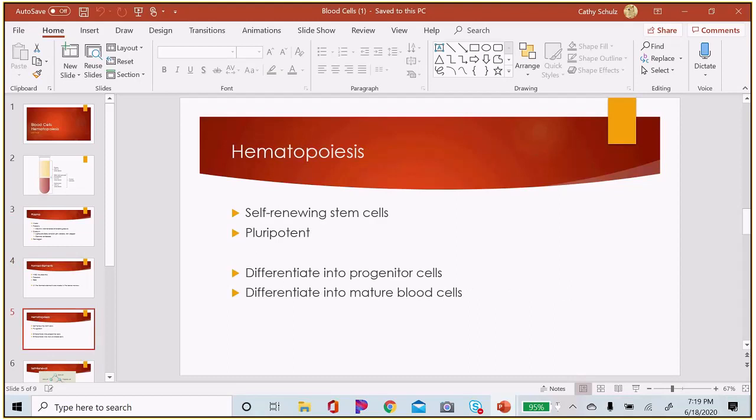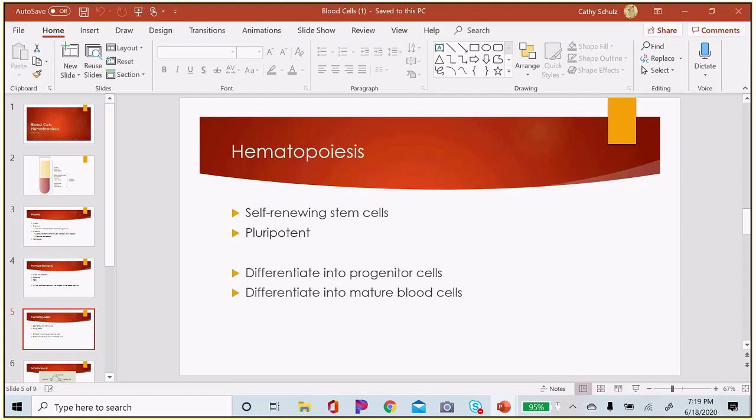Inside the bone marrow, the special thing about the bone marrow is that the actual beginning cell is pluripotent, meaning it can become several different types of cells, and self-renewing. We kind of talked a little bit about self-renewing cells when I gave that wicked fast lecture about cancer.